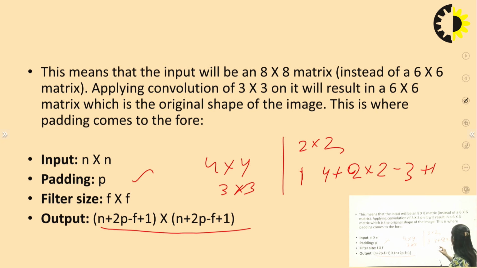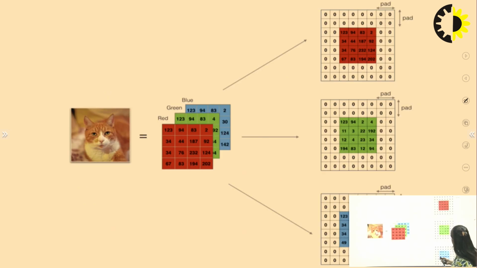This is the formula. So 4 plus 4, 8, minus 3 plus 1, means 5 plus 1, means 6 by 6. So the resultant image will be like this.